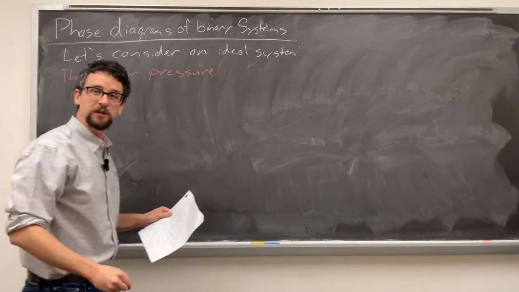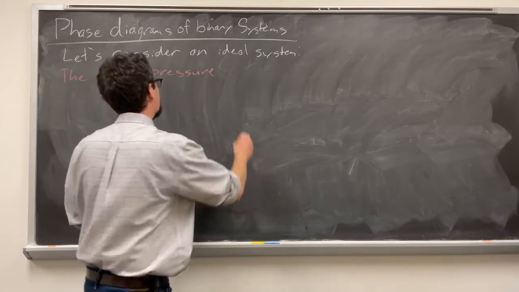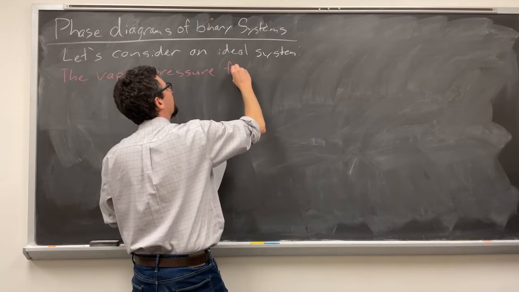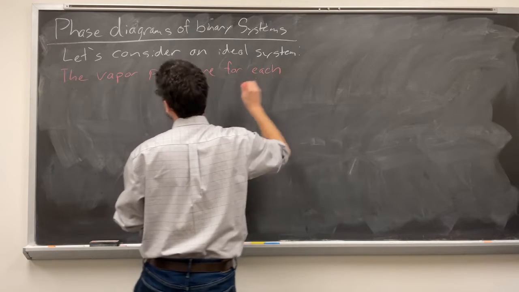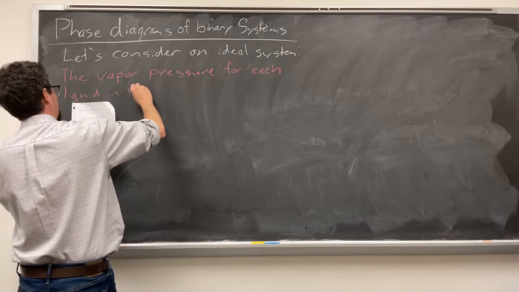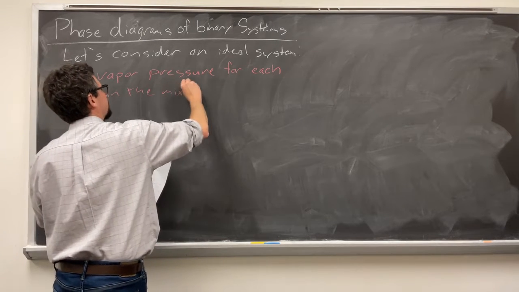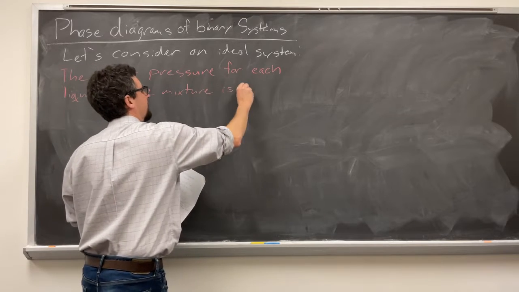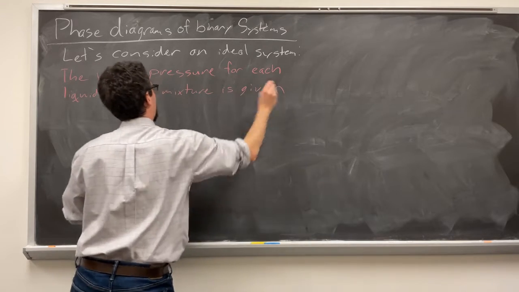So given that we are considering an ideal system, the vapor pressure of each of our species, we're going to call one A and one B. For each liquid, the mixture is given by good old Raoult's law.